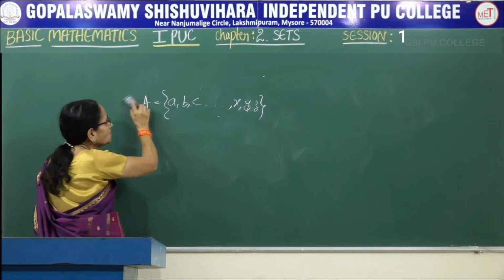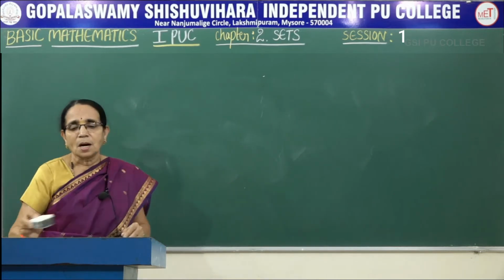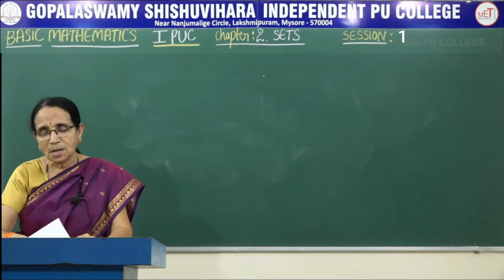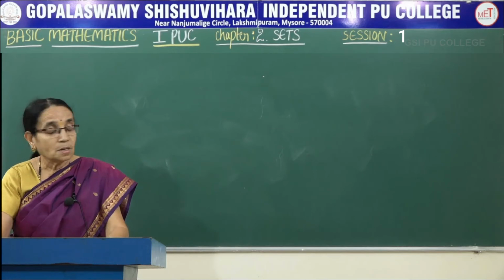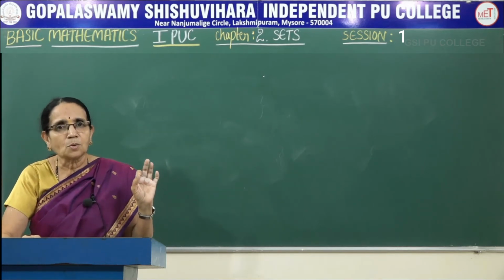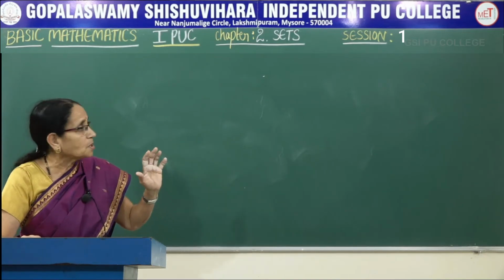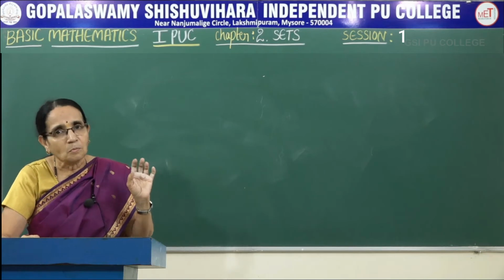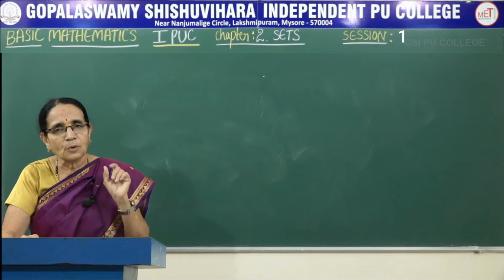So these are the information about the definition and the notation of a set. The sets are denoted by using the capital letters, the elements are denoted using the small letters, the members, the objects of the set, are called elements or members, and always they have to be enclosed in a pair of flower brackets.